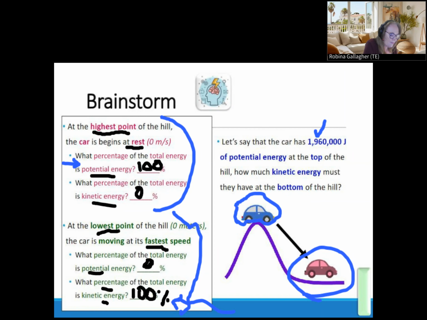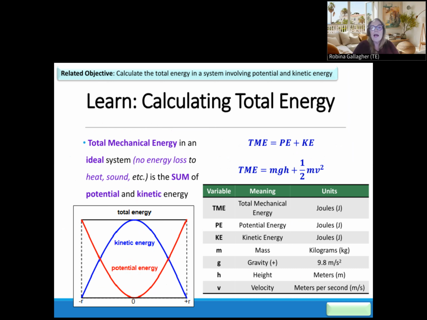Yeah. So what was equal up here has now been transferred, all of it, to down here. Craziness. Okay. So all of that energy was transferred from potential energy into kinetic energy. It's crazy how that works. And that's why this equation works, right?